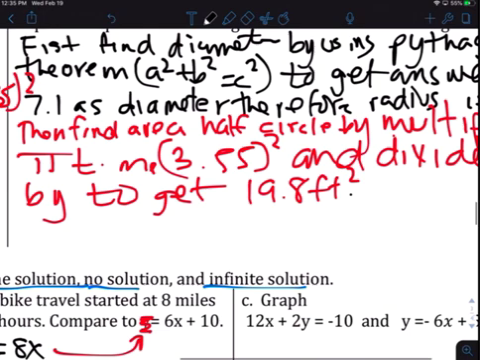So 5 times 5 divided by 2, the area is 12.5.